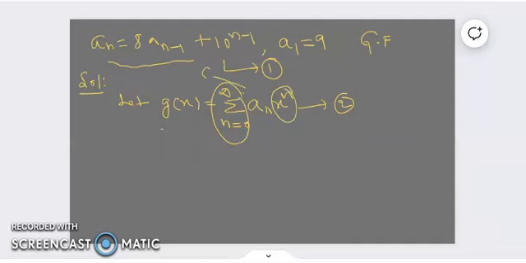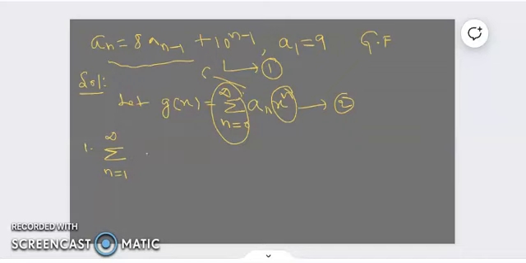So the first step is to take summation, sigma from n equals 1 to infinity, on both sides of equation number 1 and multiply x power n on both sides of equation number 1.